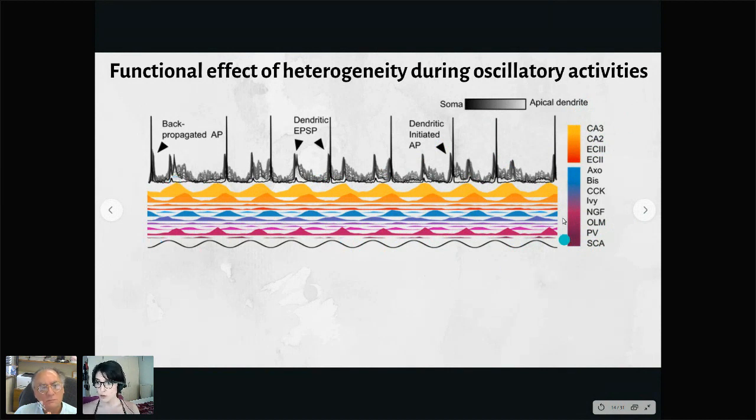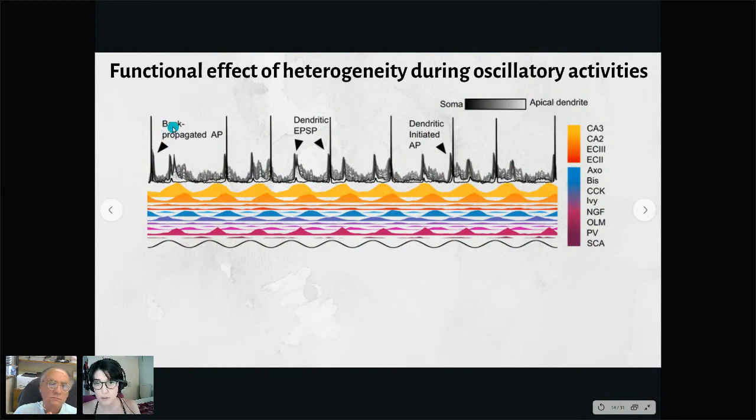Here we have all the inputs, the excitatory and the inhibitory inputs, and here we have the output from one of our synthetic cells. In black, you can see the membrane potential of the soma, and the lighter the gray of these traces, the further in the apical dendrite. We can see, obviously, these spikes, but also some other interesting properties.